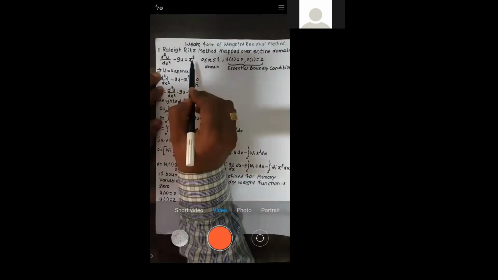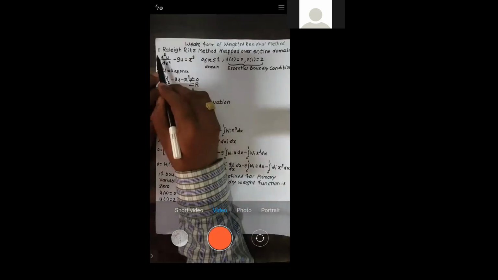Now come back to this Rayleigh-Ritz method. What you have done initially, you have solved this equation in such a manner that you have reduced the power of this differential equation to half.